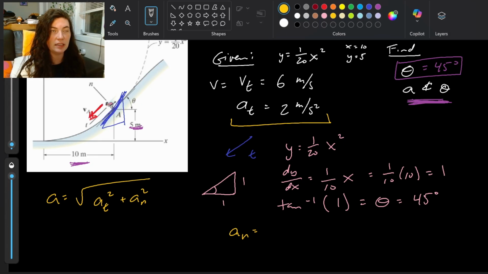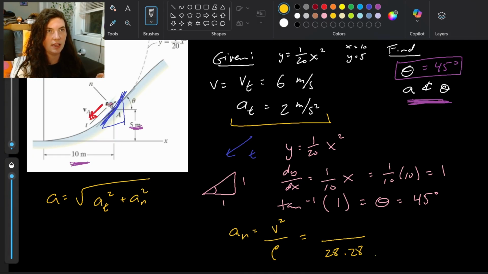Thankfully, we have a handy-dandy formula for that, where our normal component of the acceleration is going to be the velocity squared over the radius of curvature. Thankfully, in the last problem we did, we actually found the radius of curvature for this exact same problem, so we can use that same radius of curvature, the 28.28 that we found.